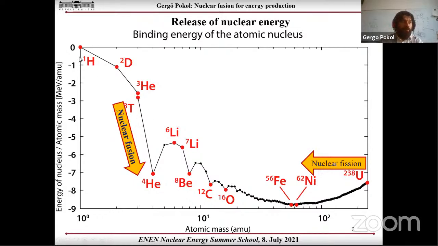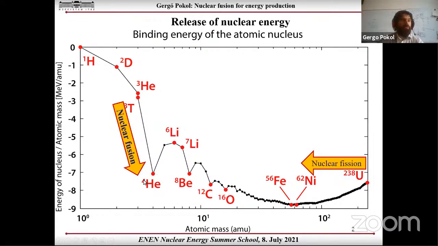You can see in the beginning of this curve that it has some zigzags. For example, we have helium-4. We see that helium-4 is an exceptionally well-bound, very stable isotope. The reason is that it has just 2 protons and 2 neutrons, and if those are located in the nucleus with opposing spins, it's a really stable, nice symmetric element.